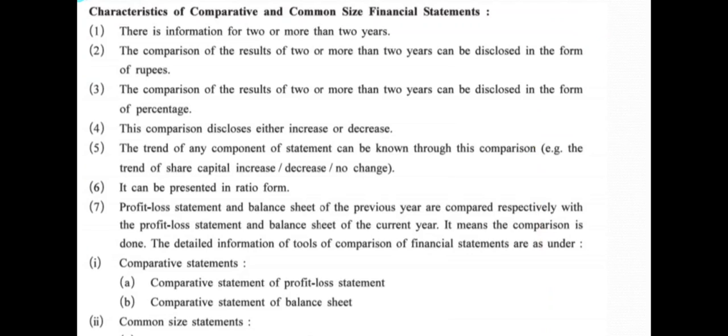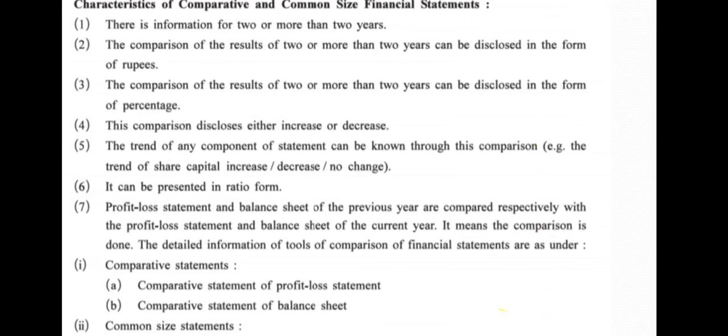So yes, we use information from 2 or more than 2 years. Second, the comparison of results of 2 or more than 2 years can be disclosed in the form of rupees, as we have seen in the example. And then third, the comparison of results of 2 or more than 2 years can be disclosed in the form of percentage. That also we have seen.